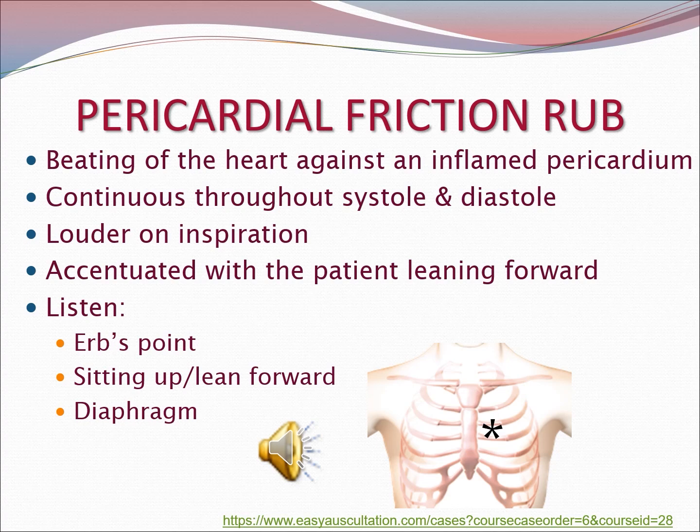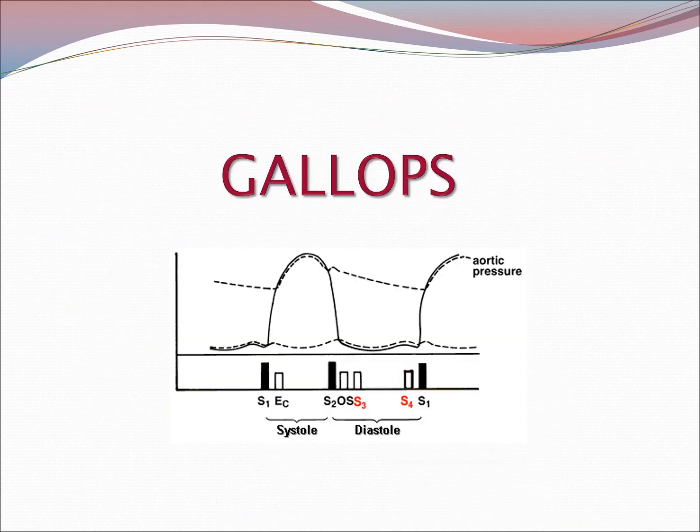So we have talked about S1 and S2. We've talked about ejection clicks and opening snaps. The gallops will include S3 and S4 heart sounds. Remember, S1 is closure of the mitral and tricuspid valves, which is the onset of systole. If the aortic valve is stenotic and stiff and opens, you may hear an ejection click.